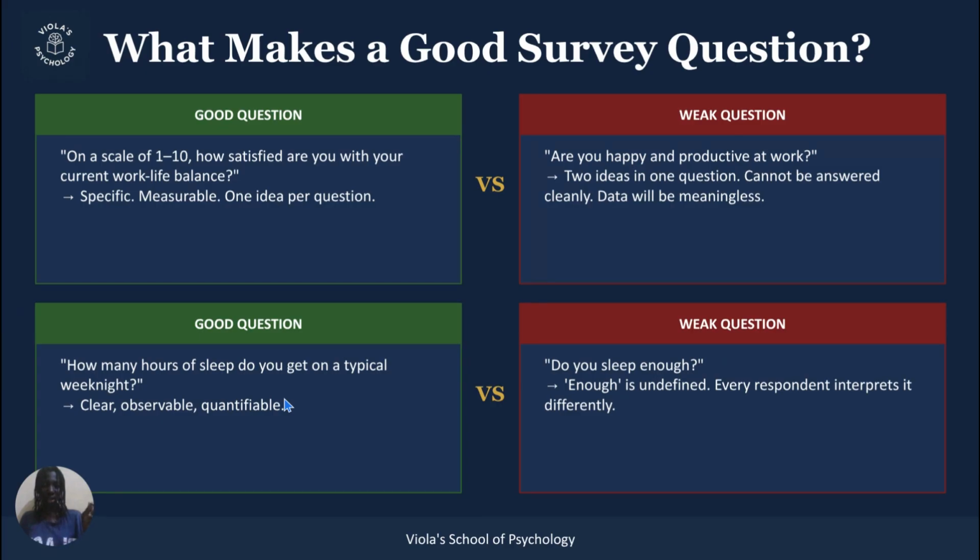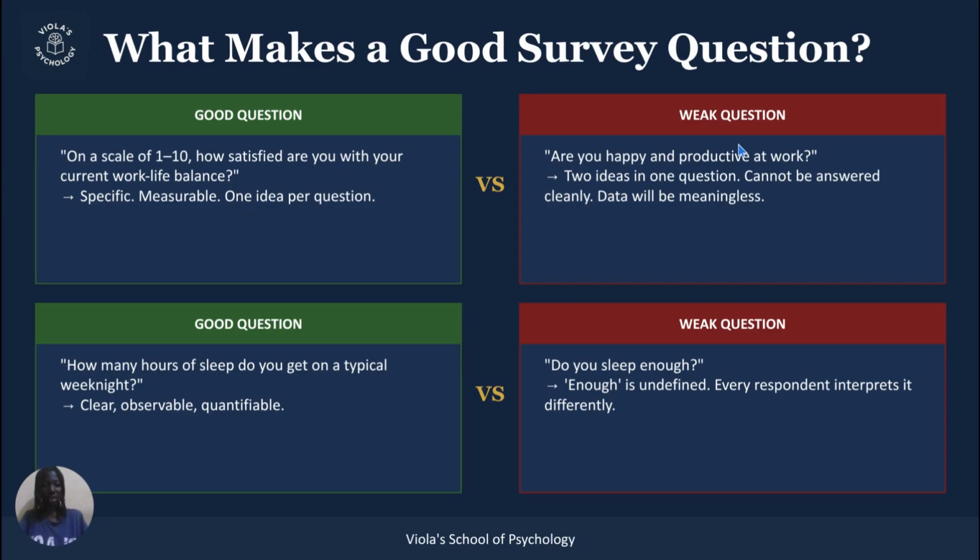You see, so that's very specific, right? It's measurable because, on a scale of 1 to 10, okay, and also it has one idea per question, right? Yes. Also, you can compare it. It's comparable across respondents. Okay.